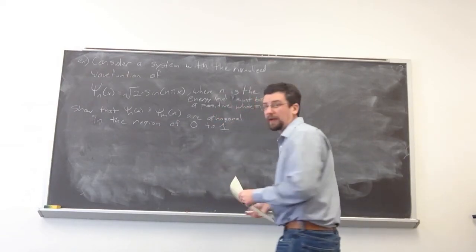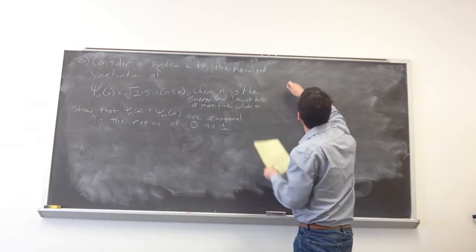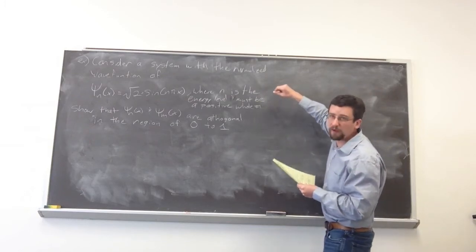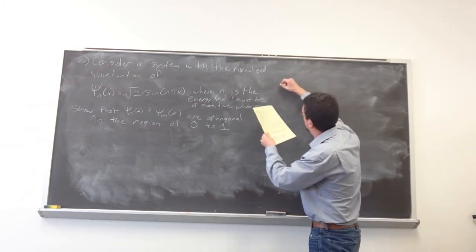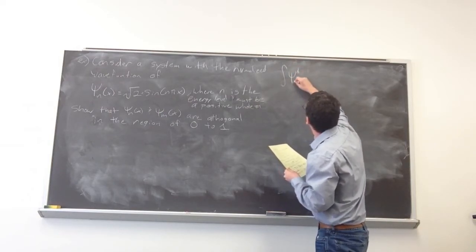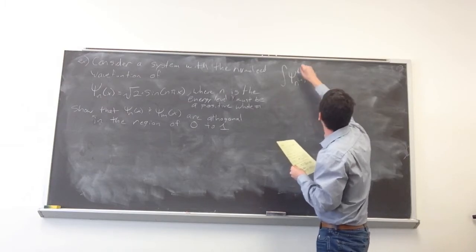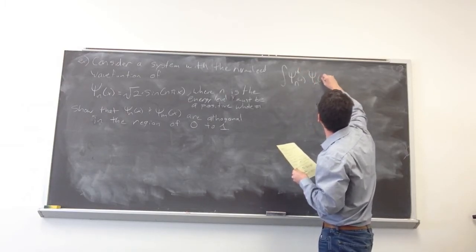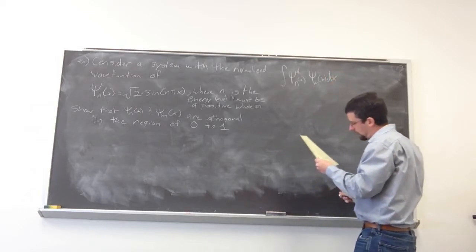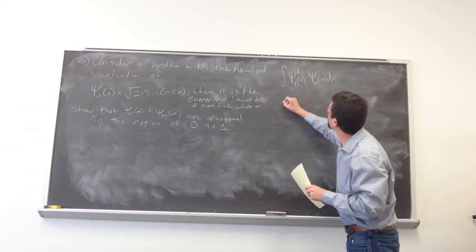So, let's look at that. Let's start by first looking at where the functions are different. We know what answer we should get, so that should be relatively easy. Psi star n of x, the complex conjugate of that, then we have psi m of x dx. Let's plug in some values here.